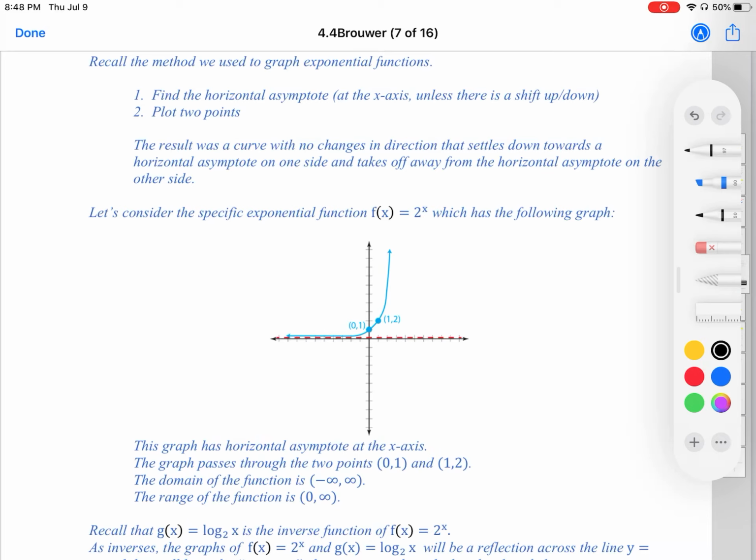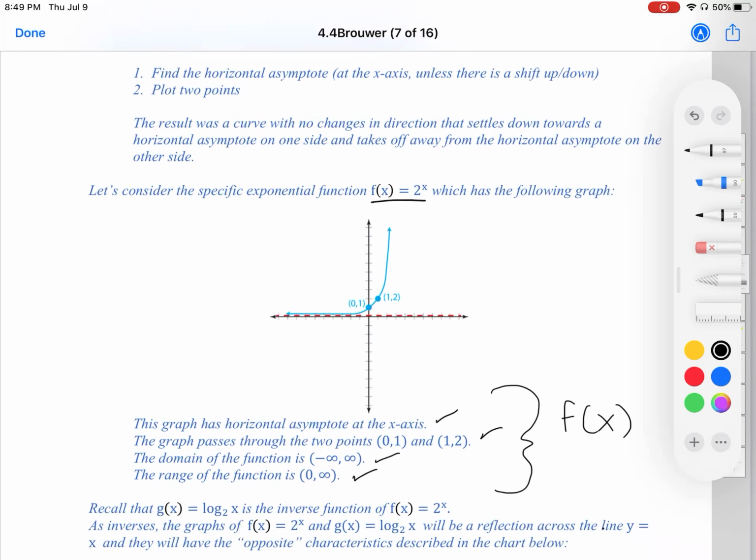Let's consider the specific exponential function, f of x equals 2 to the x power, which we've seen before. We see that we have a graph with a horizontal asymptote at the x-axis, a graph that passes through 2 points, and our domain is from negative infinity to infinity and our range is from 0 to infinity. So these are the characteristics of our original function.